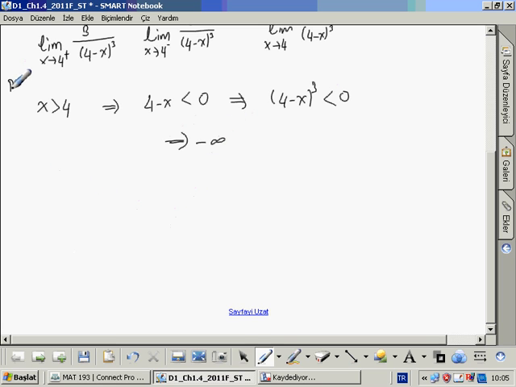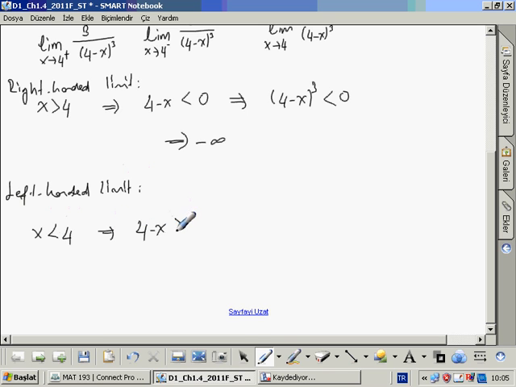And this is the right handed limit, and now the left handed limit. When x is less than 4, 4 minus x is larger than 0, and after that (4 minus x) cubed is larger than 0.